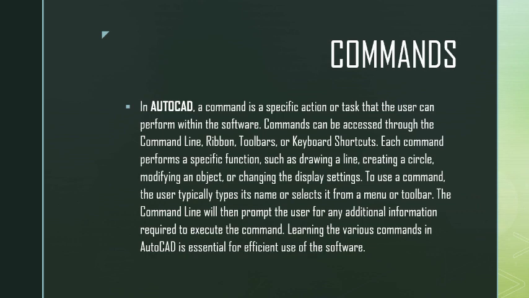To use an AutoCAD command, the user typically types its name or selects it from a menu or toolbar. The command line will then prompt the user for any additional input required to execute the command. Learning the various commands in AutoCAD is very essential for every user of the software.